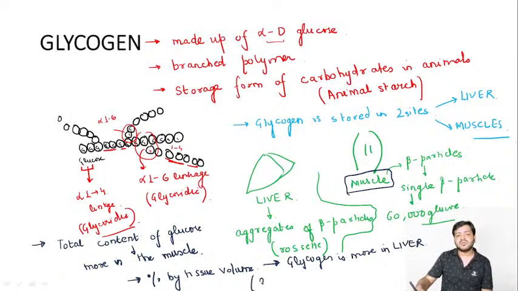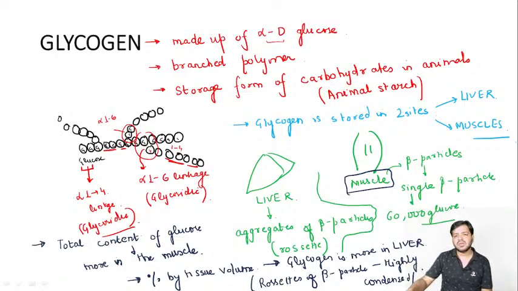Why? Because the rosettes of beta particles are highly condensed. Okay, it is highly condensed, or I can simply say it is densely packed.